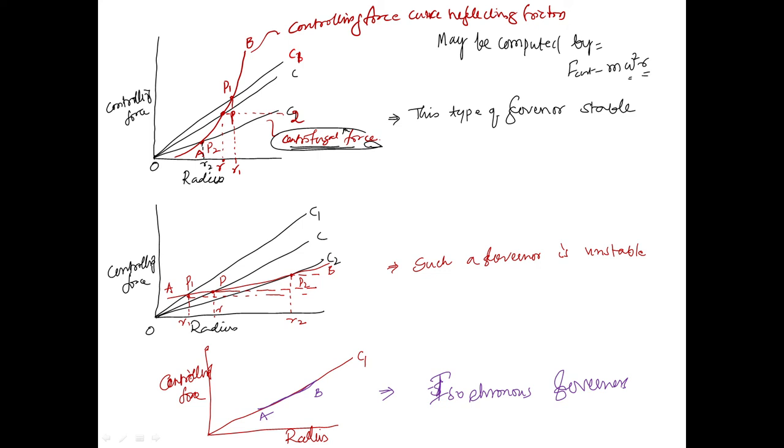Right. Now, suppose these are the curves obtained by neglecting the account of friction. If you consider the friction into account, you are going to get two more curves of the controlling force for the same radii.